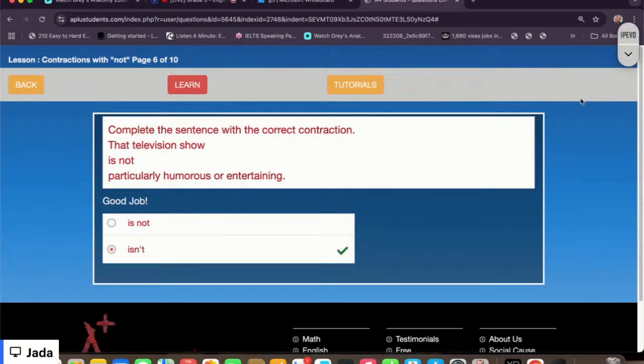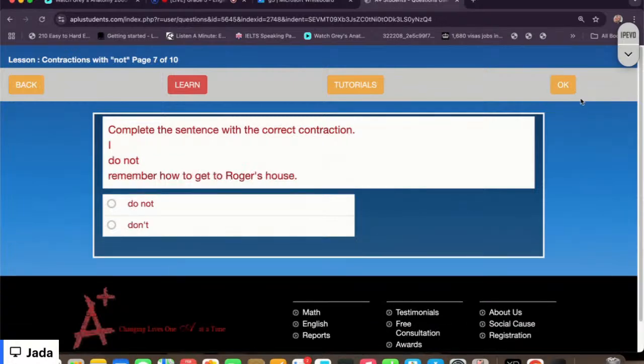Okay. All right. So we also have, I do not remember how to get to Roga's house. So what's your option here? So don't.